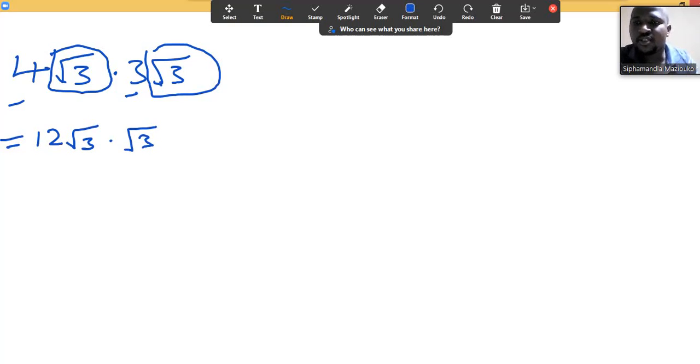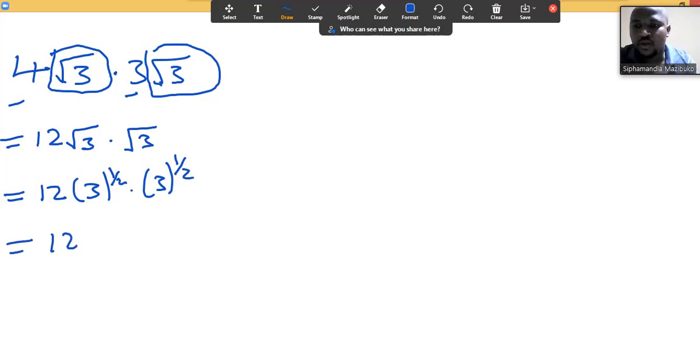Okay, so root 3 multiplied by root 3, let's look at it. This is 12 into 3 to the power half multiplied by 3 to the power half. Okay, so we are also applying the laws of exponent.